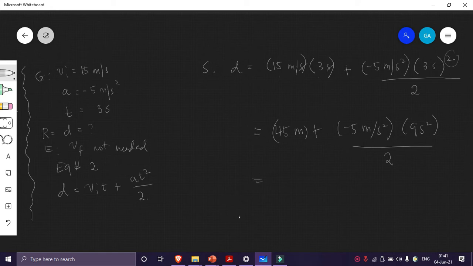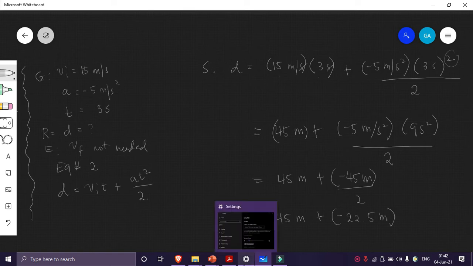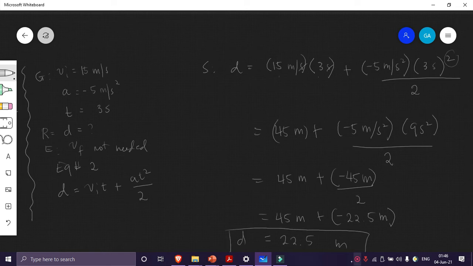Then, simplify pa din ulit, 45 meters plus negative 5 times 9 is negative 45 meters over 2. So, 45 meters plus negative 22.5 meters. Then, 45 plus negative 22.5, 22.5 meters. This is our final answer.